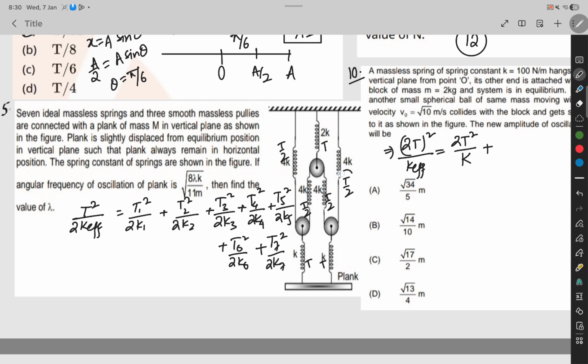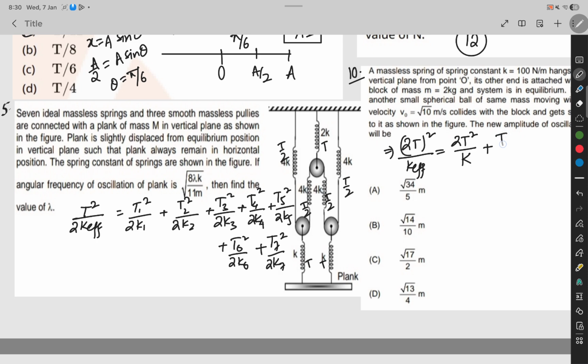And for this spring, T by 2 square by 4k, into 4 springs, so you can easily write T square by 4 cancel out, so T square by 4k.